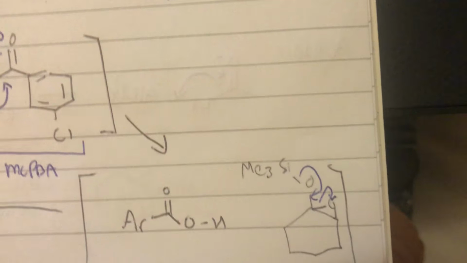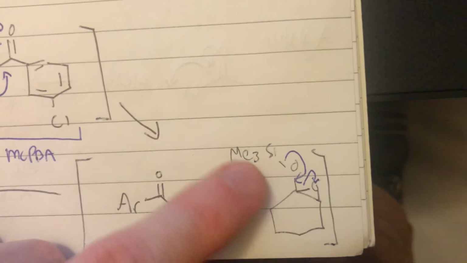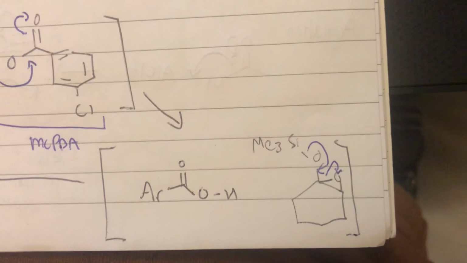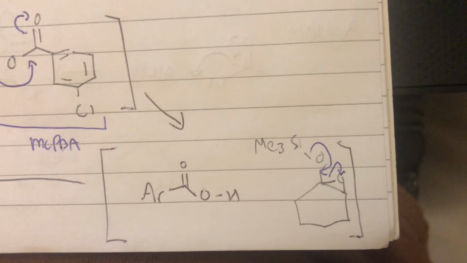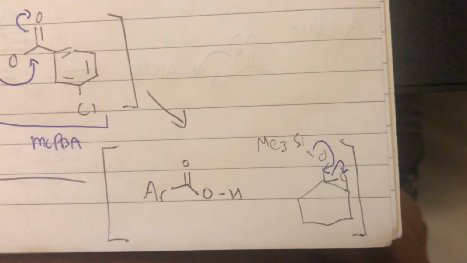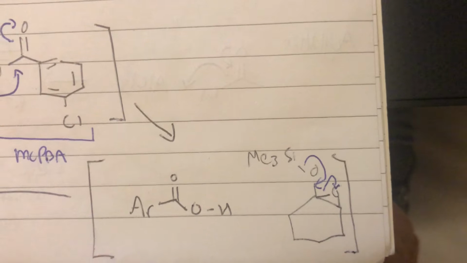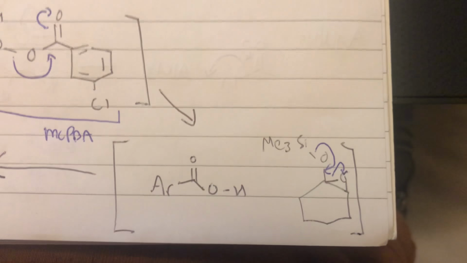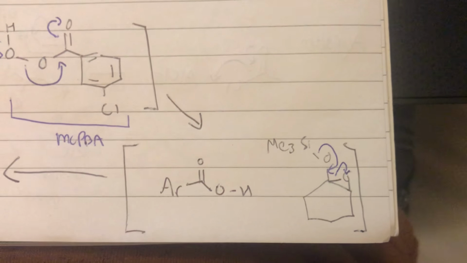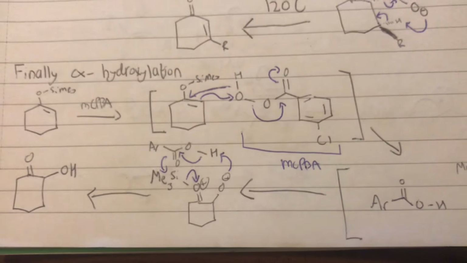And then we've got this product here, Me3 can get kicking itself off now, and we formed an epoxide there from that previous step, and we can start to break that up as well.